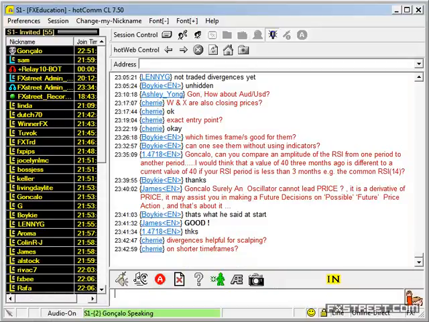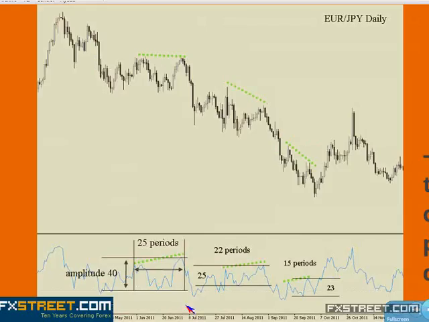Gonçalo: surely an oscillator cannot lead price. It is a derivative of price. It may assist you in making a decision about possible future price action. James, yeah, it's not that it leads in terms of what future price action will be, but it leads price in the sense that it is much more sensitive in translating price acceleration or deceleration than the price structure itself.